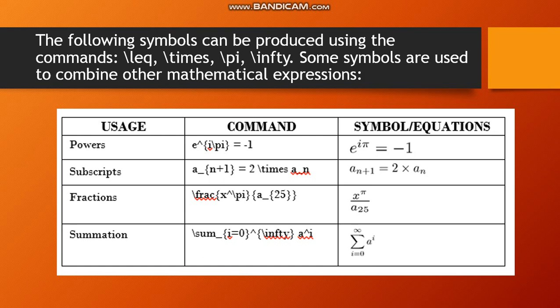Now, the following symbols can be produced using the commands slanted LEQ, slanted times, slanted pi, slanted INFTY, or infinity.